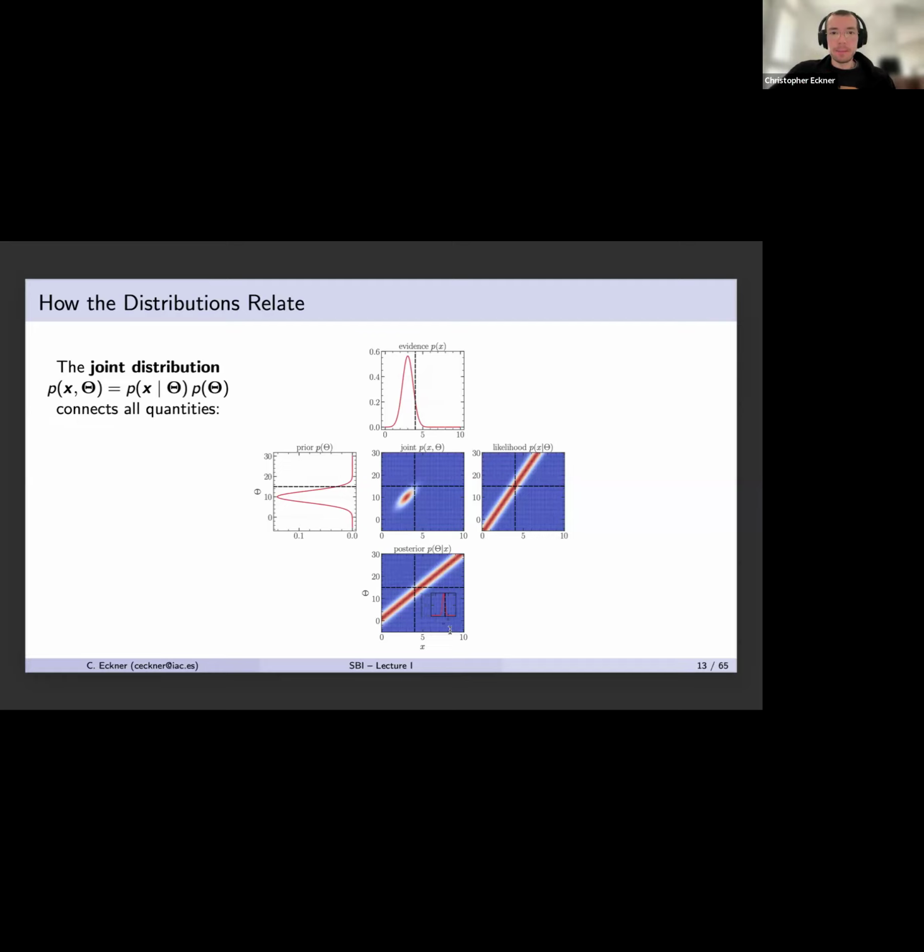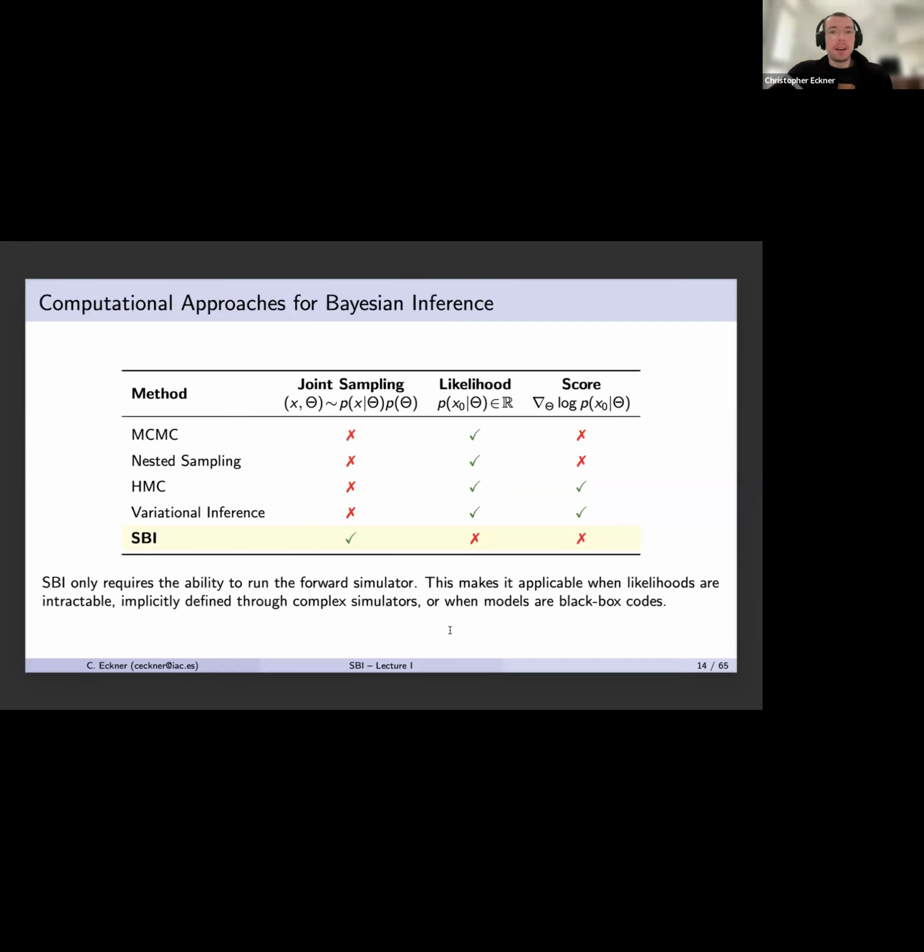Okay. Just one word about how you perform this Bayesian inference computationally and what methods there are. This is just as an overview. There are different methods you can use, and what is typically used in a great bulk of the literature is so-called Markov chain Monte Carlo.